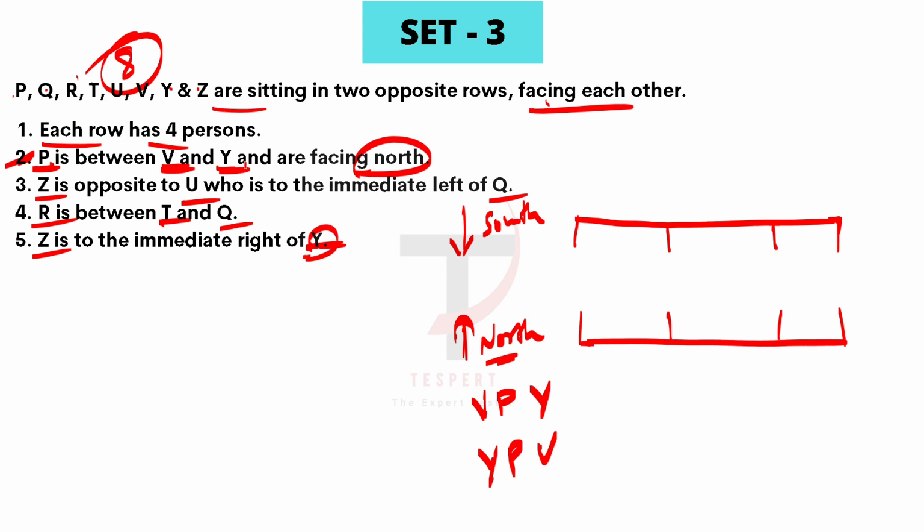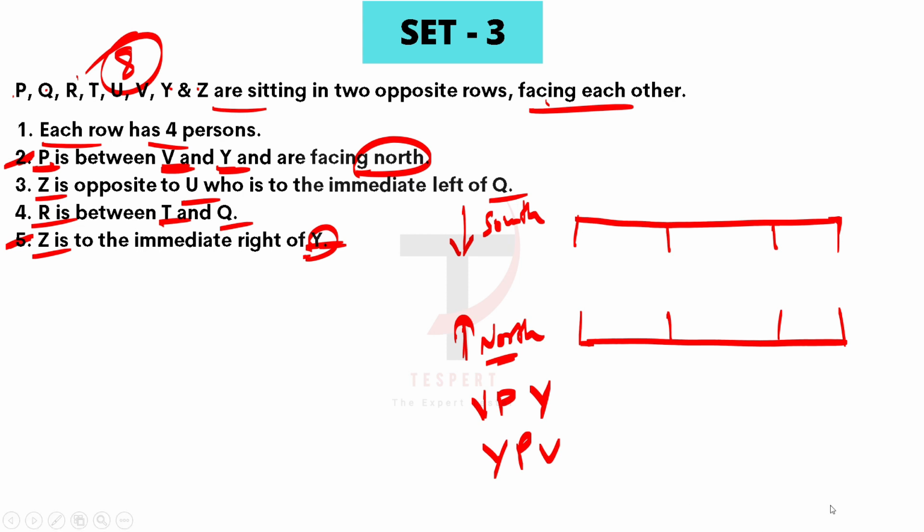After solving the second statement, it is better to solve the fifth statement. Let us see whether we can solve it or not. So Z is to the immediate right of Y. Yes, so if Y is here, Z must be here. Okay, immediate right, because Z is immediate right.